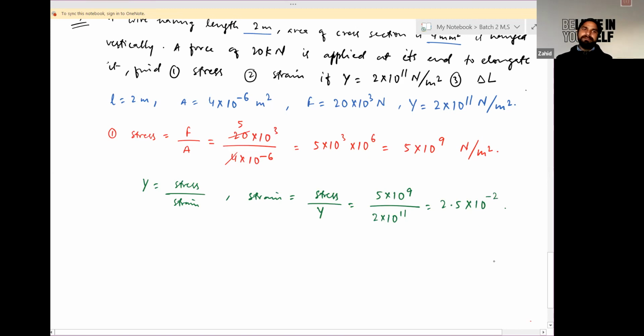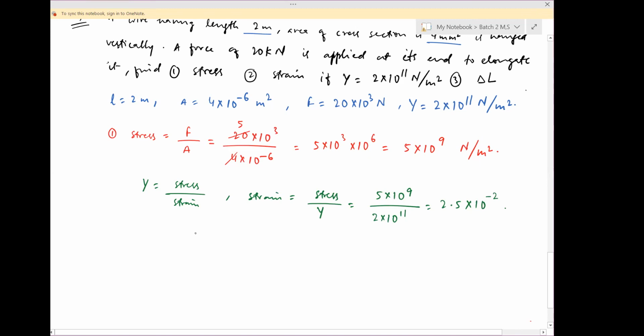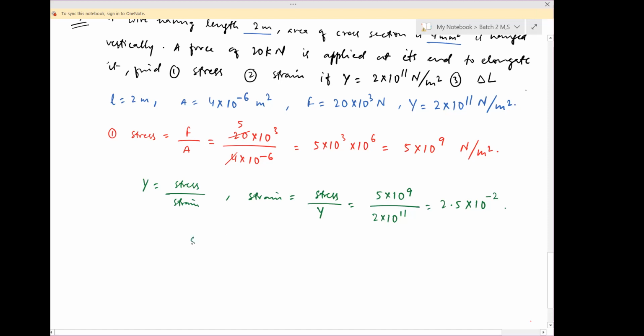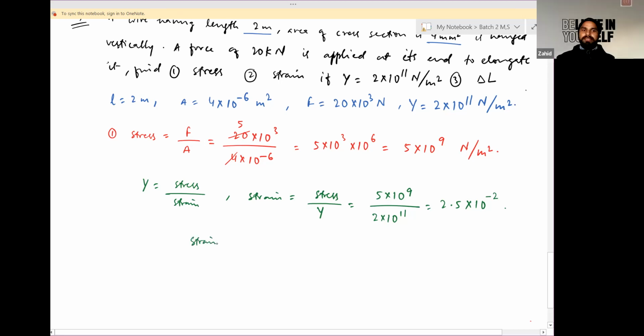Mariam, is it clear? Yes, sir. Sir, we cannot use the strain formula since we don't have delta L in this given. For the third part, strain equals delta L divided by L. We have strain and L, so from this we can calculate delta L. Delta L equals L times strain.